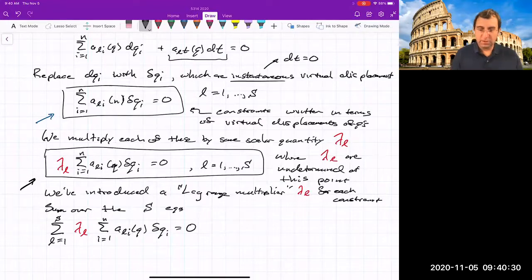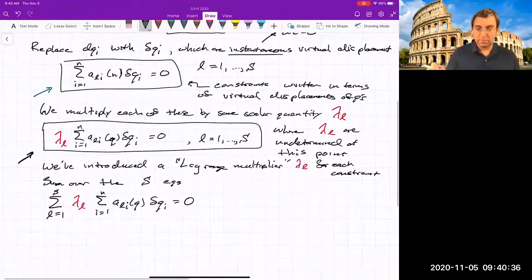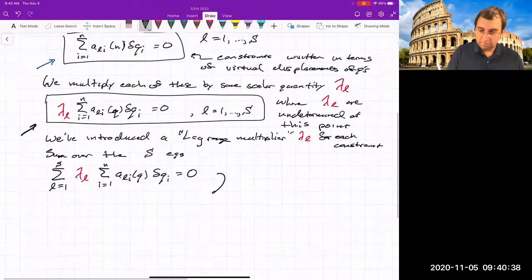So this is a double sum. I can switch the order of the sum. And I'll tell you why once we do it.